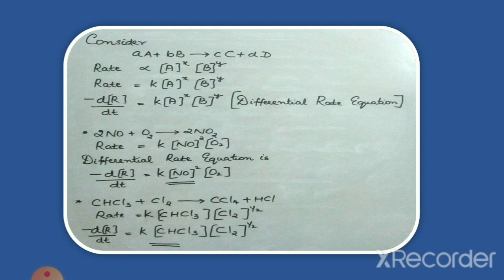That is, the power is different from the stoichiometric coefficient of chlorine. Therefore, we can conclude that the power of the concentration terms is not derived from the balanced chemical equation, but it is determined experimentally. That is, the rate law expression is written after determining the powers of the concentration terms experimentally.